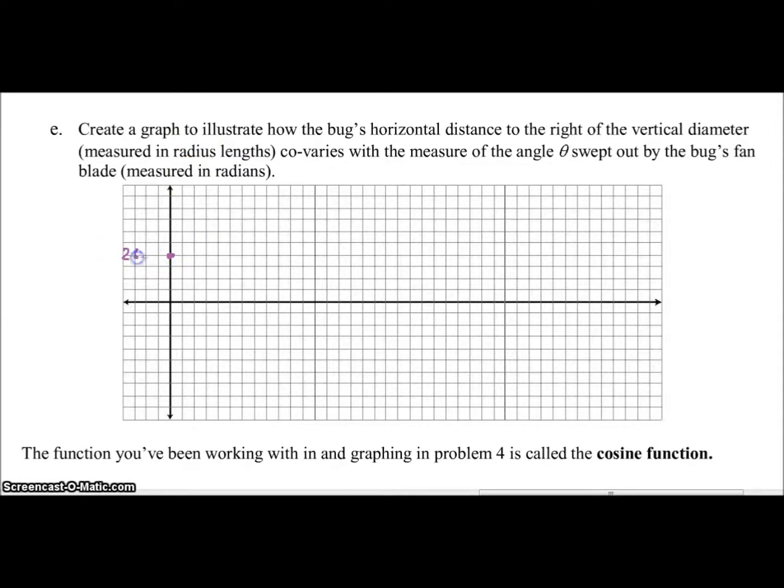Let's say this is 2.6 feet. And then as we go from 3 o'clock to 12 o'clock, remember that the horizontal distance decreased to 0. Then it became negative, and it went back to 0, and then it increases again. This is going to be the type of graph you'll see.